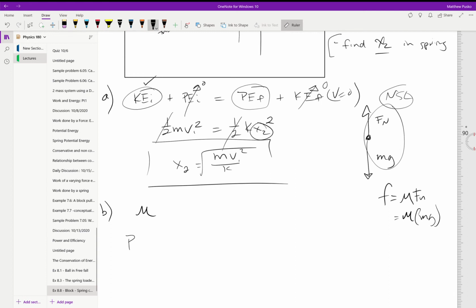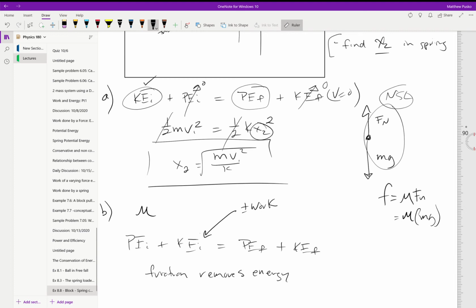We can still say the potential energy initial plus the kinetic energy initial is equal to the potential energy final plus the kinetic energy final. We're just going to add the plus or minus work term here. And if it's friction, friction will be removed. It removes energy from the initial state.